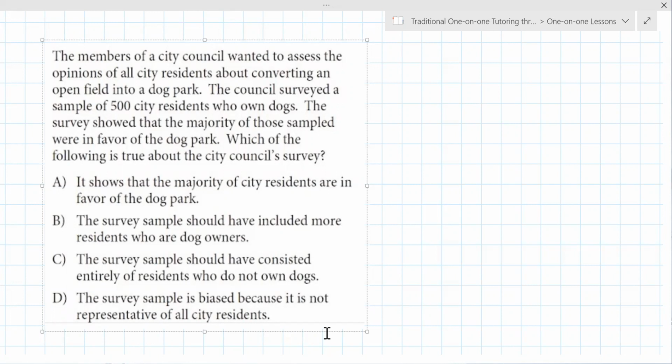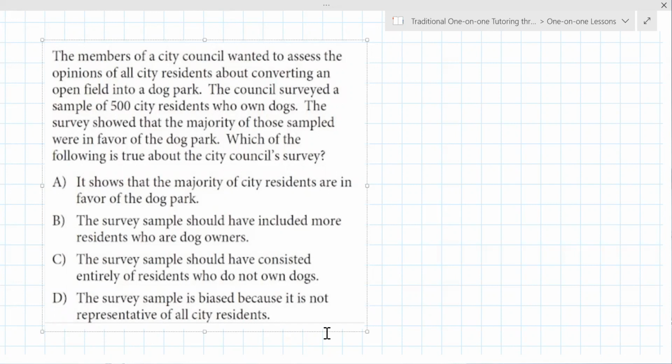So who did they survey? What kind of people did they survey? Only people with dogs. It's like me asking if we should build more basketball courts. What are you going to tell me? Yeah, well, build as many as fast as possible, right? Yeah, there's 100,000. Just clear anything in the way, right? A children's hospital, gone.